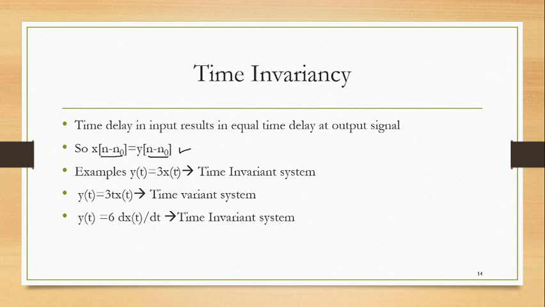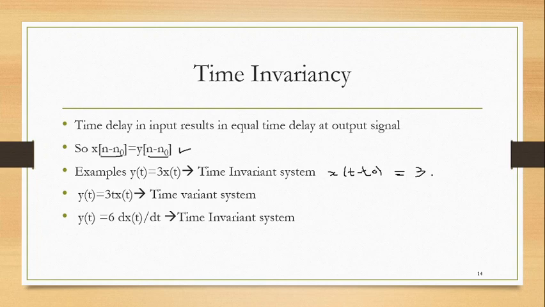Similarly, y of t is equal to 3x of t. x of t is my input, and y of t equal to 3x of t is my output. So if I shift the input signal by t naught, the output will also be shifted. The output is 3x of t, which is y of t.